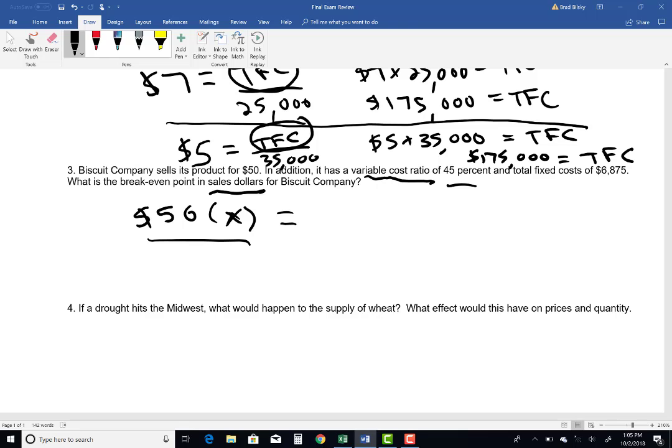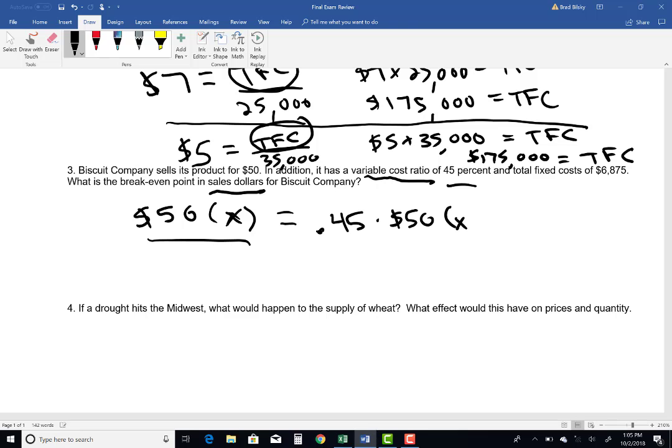To do that, we know we have variable cost and fixed cost. Well, our variable costs are going to be this ratio, 0.45 times sales price. That tells me what percentage of my cost is variable cost. And notice we need to multiply that times the number of units sold.